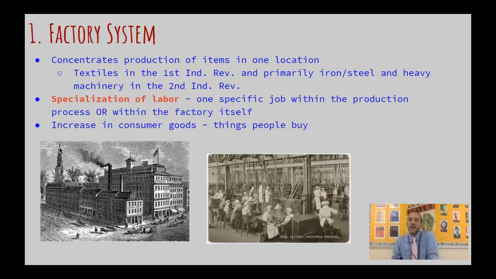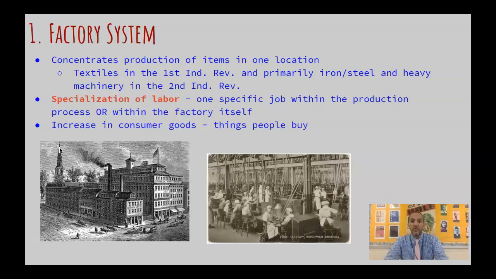Then eventually in the second Industrial Revolution, which really is 1850 to the 1920s, 30s, 40s, we're looking at heavy machinery, the development of iron and steel and this kind of heavy industry, where people are melting down metals, pouring them into casts, welding stuff together. So really heavy industry.